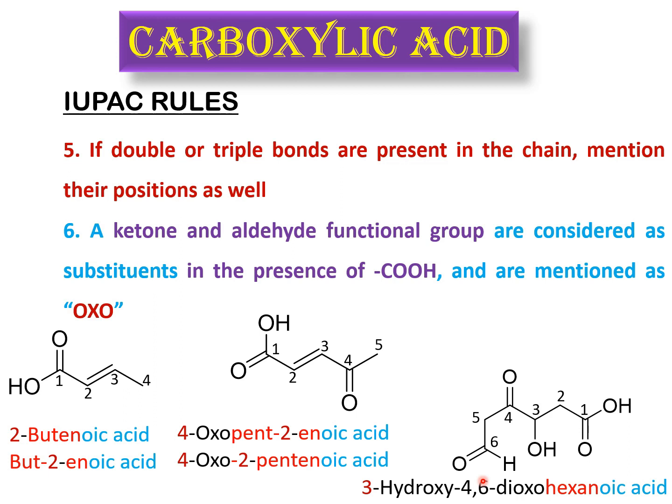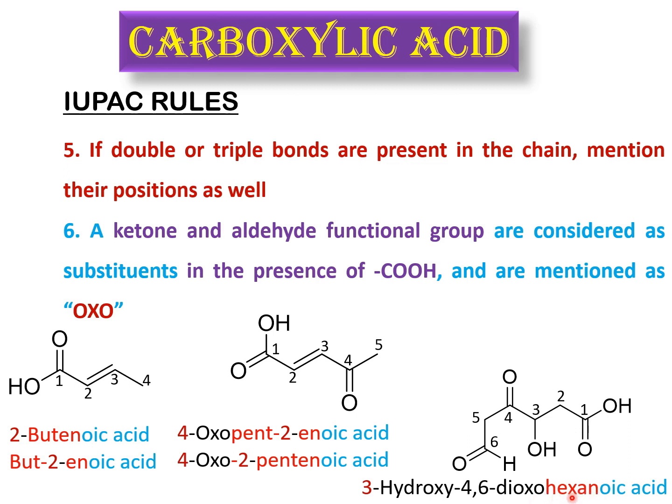How would you differentiate between a ketone and an aldehyde if both of them are written as oxo? In a simple way you can differentiate between the two. So you have 4,6-dioxo. Now you don't know whether both of them are ketones or one of them is an aldehyde. So the first thing you need to see is the number of carbon atoms in the chain.